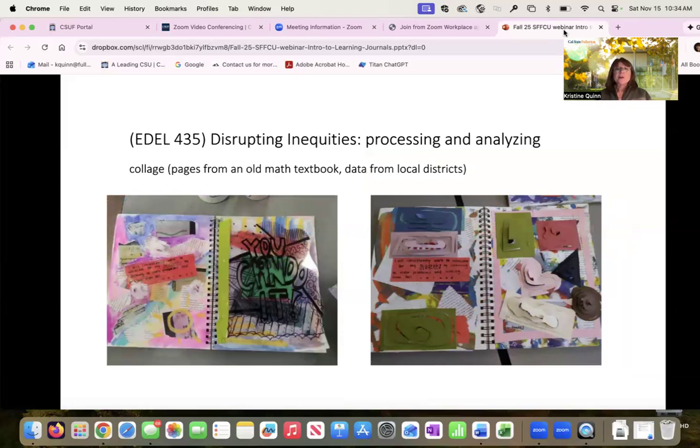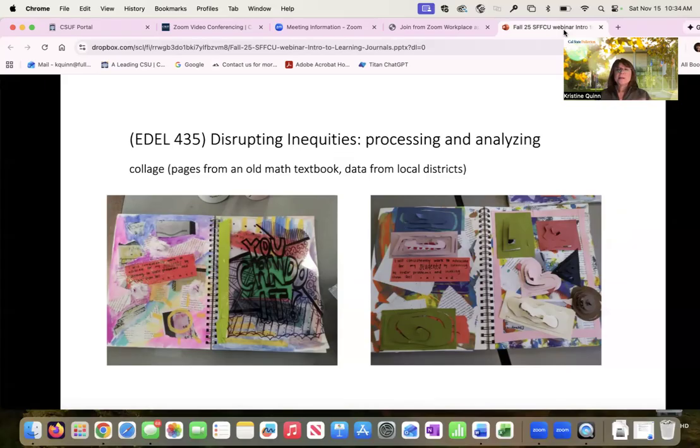Learning journals aren't always about creating pretty pages. Sometimes they are about creating the exact opposite. This assignment was in a math methods class, and we called this disrupting inequities. And the idea was that they were looking at the data from their local school districts and the schools that they were placed in. They were looking at the testing data in mathematics and processing and analyzing that.